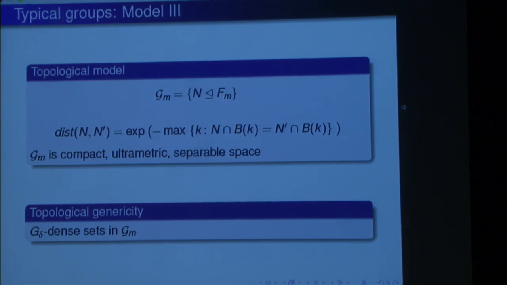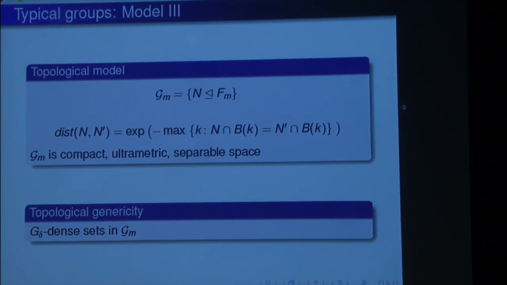So we fix a free group, again F_m, and consider all normal subgroups. This is your space, because remember, finitely generated groups are quotients of a free group. So if I'd like to consider my group, it's enough to consider the normal subgroup in the free group which defines this group.